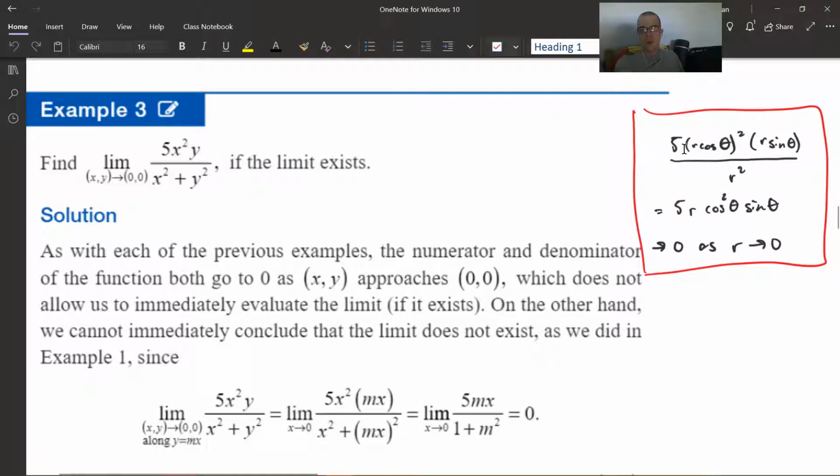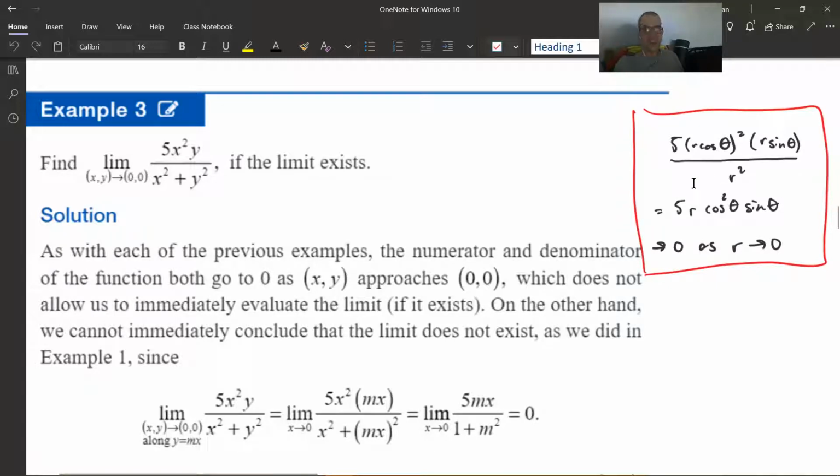We would have r cubed on top because we'd have an r squared coming from this first factor and an r coming from over here. And so when we reduce this fraction, we would get 5r cosine squared theta sine theta.